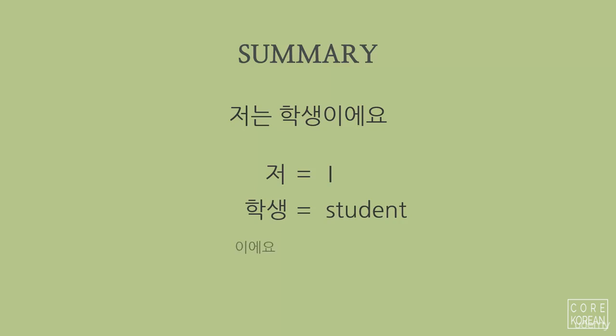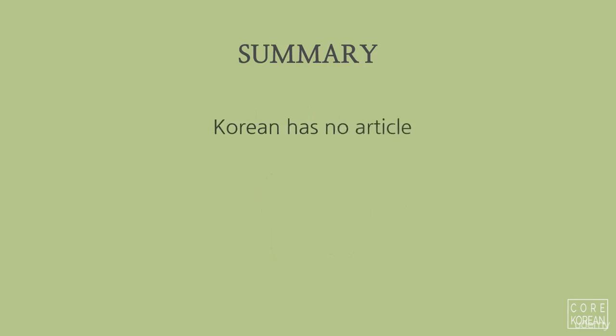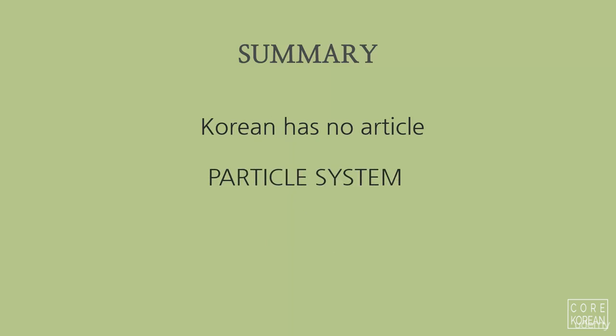You have just learned the sentence 저는 학생이에요. Now you may understand 저 means I, 학생 means student, and 이에요 means am. You also have learned Korean doesn't have an article system as English, while Korean has a particle system, unlike English, as in 저는.